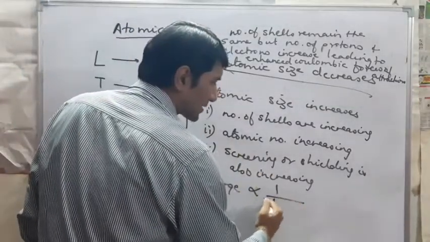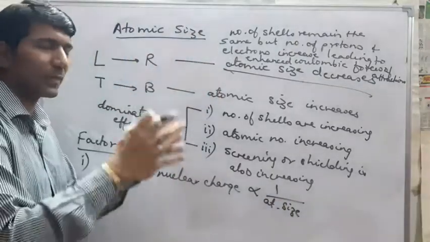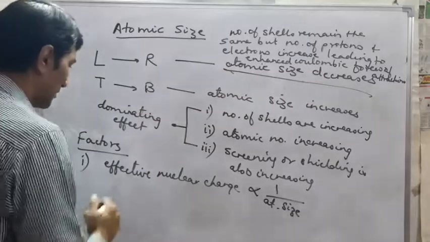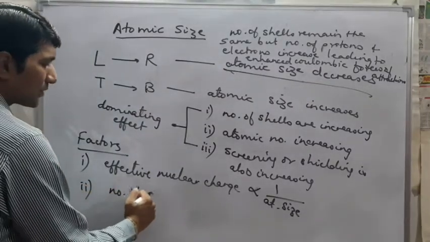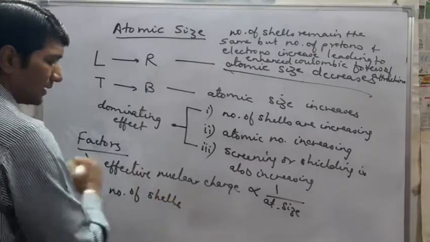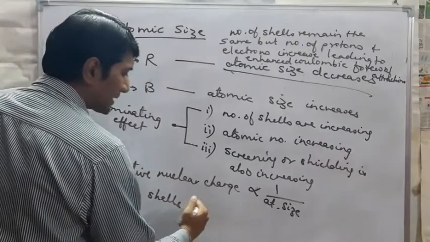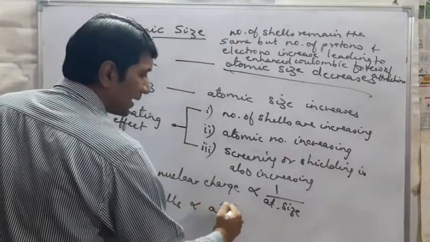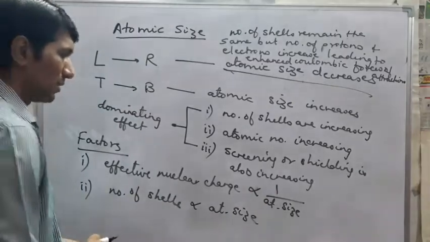So it is an inverse relation. Effective nuclear charge decreases, atomic size increases. Second, number of shells. As the number of shells increases, the atomic size will increase. So that means it is directly proportional.